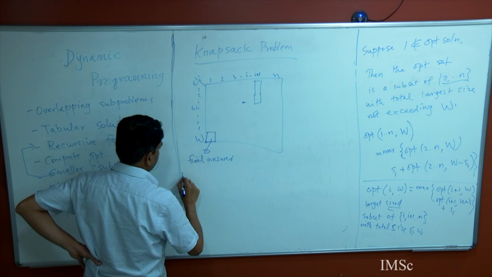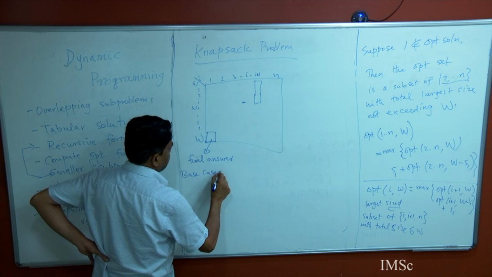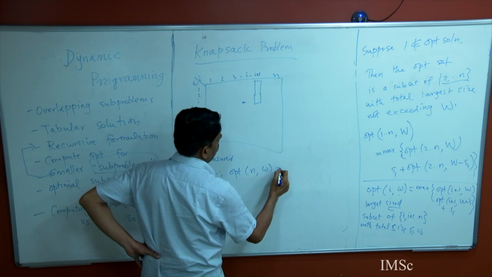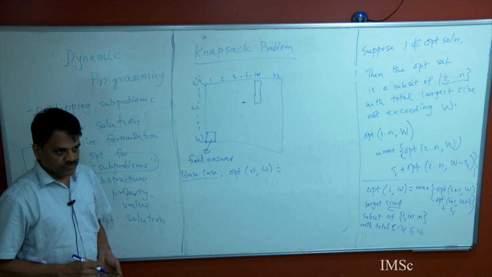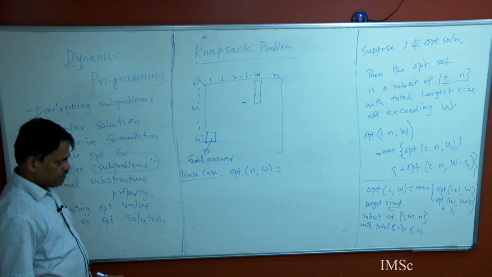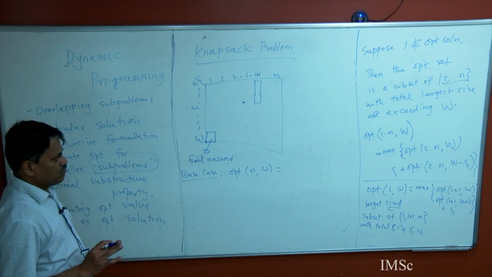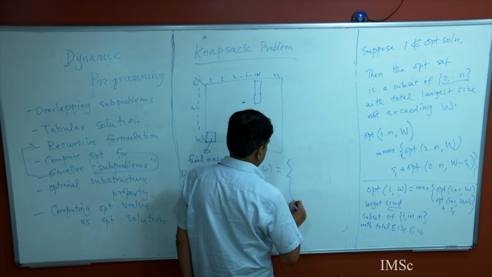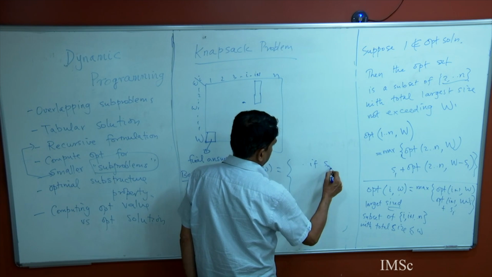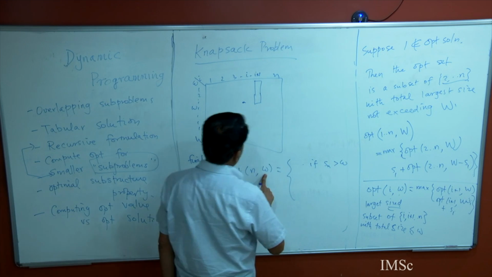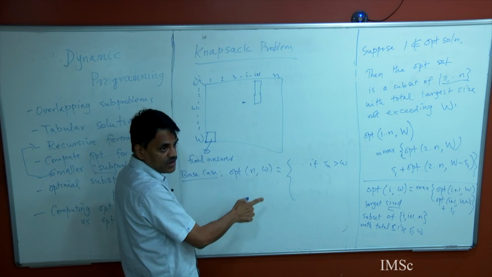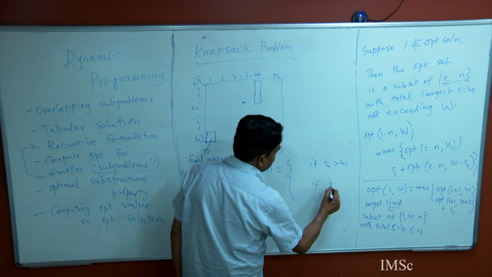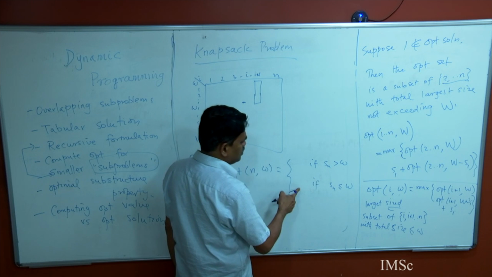The base case would be opt(n, w), what would that be? Well, the last element either has weight greater than W or less than W. If Sn is greater than this w, which is not capital W, because I need to compute this for every little w up to capital W, or if Sn is less than or equal to w, this is easy.